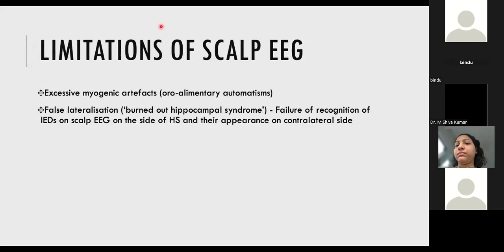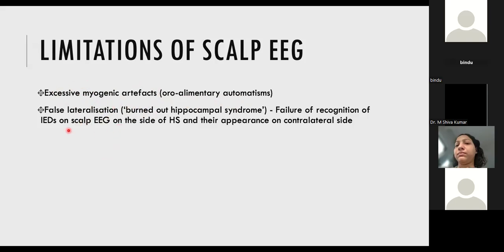Coming to the limitations of scalp EEG. In scalp EEG, as we have seen in a few ictal patterns, there will be excessive myogenic artifacts, mainly because these patients will have oro-alimentary automatisms. So the ictal rhythm onset can be marred by artifacts, or throughout the seizure they can be marred by artifacts.